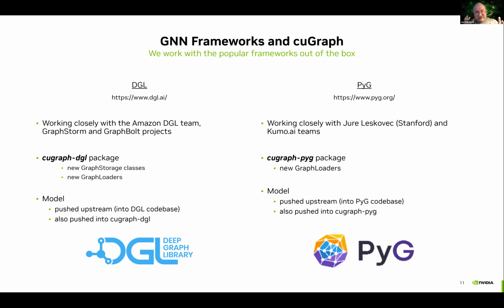We support both of these with a cuGraph backend to take gigantic graphs and train neural networks using these frameworks. So whichever one you pick, DGL has an advantage in performance at the largest scale. PyG is easier to learn and easier to do research. We support them both. We consider them peers, equal citizens in our world. Your mileage may vary, but that's what we're doing.